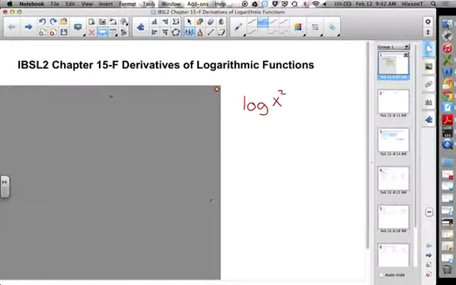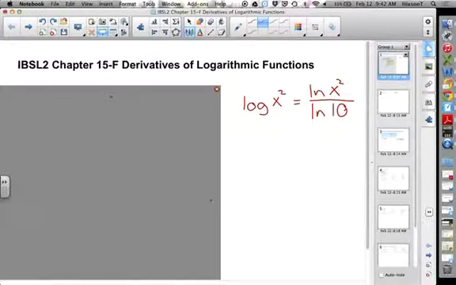Do you guys remember your change of base formula? You can change the base of a logarithm by writing this as the natural log of that x squared over the natural log of the base you were using.